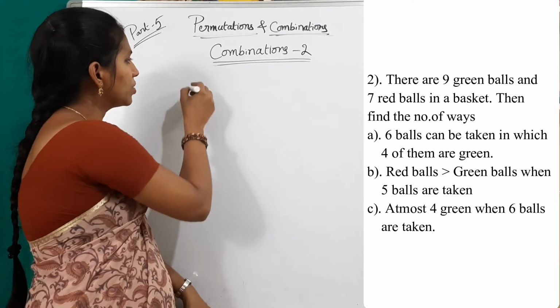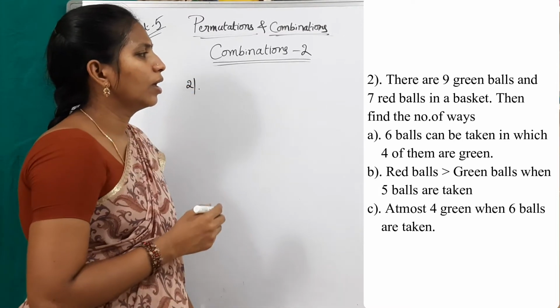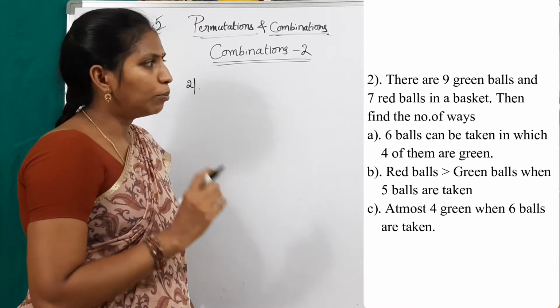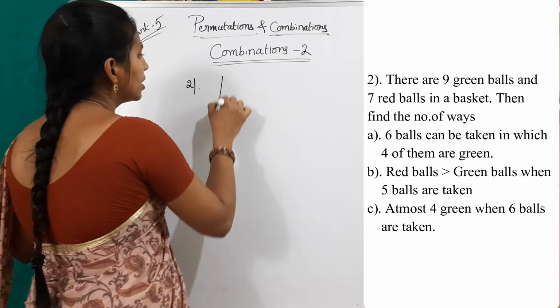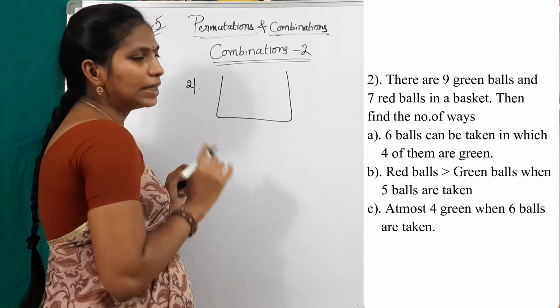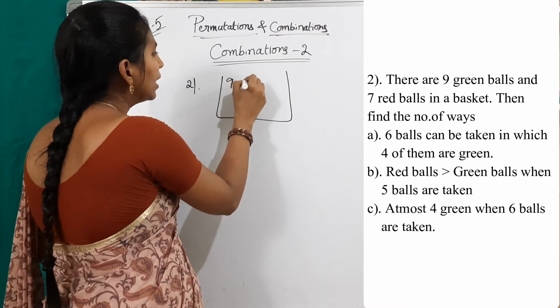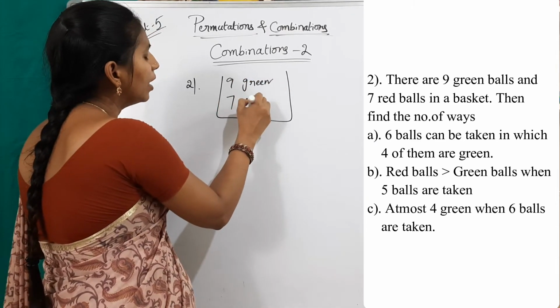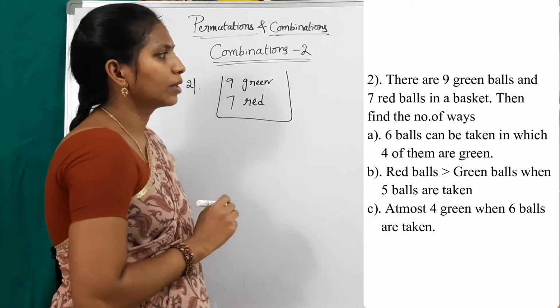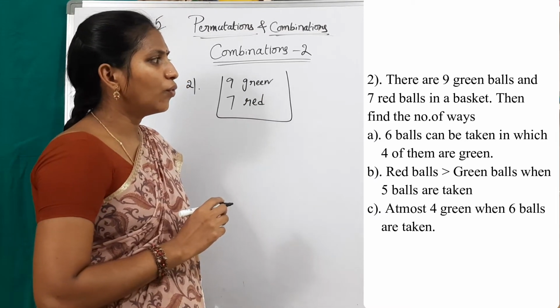Now see the second question. There are 9 green balls and 7 red balls in a basket. Suppose this is a basket. In this basket, 9 green balls are there and 7 red balls are there. Then find the number of ways.